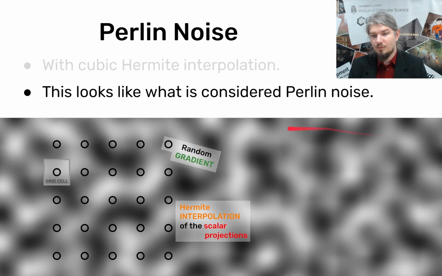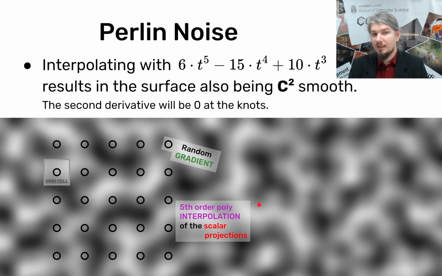And in 2D, well, it's going to look like this, and this is what is usually considered Perlin noise. We have these random gradients, and we do this Hermite interpolation on the scalar projections. And we can actually improve this. If instead of the Hermite polynomial that we used before, we use this fifth order polynomial, then we can create a surface that is also C2 smooth. And you can easily check this if you find the second derivative using this fifth order polynomial, just like we found the first derivative with the Hermite polynomial.